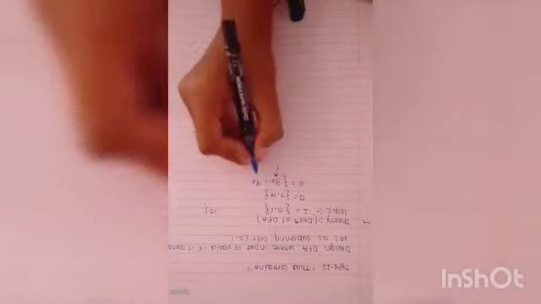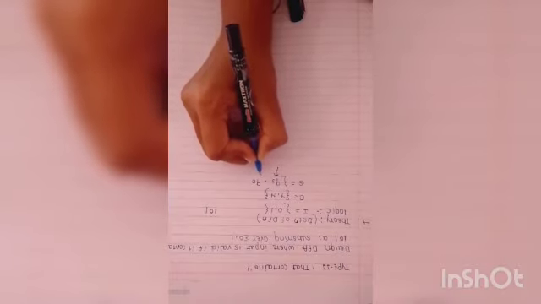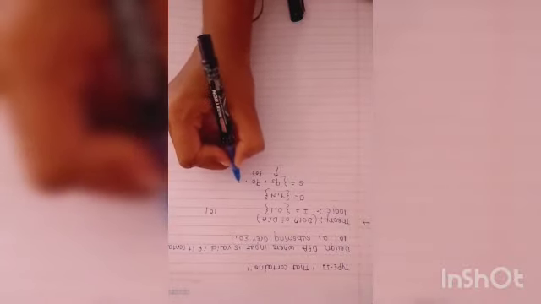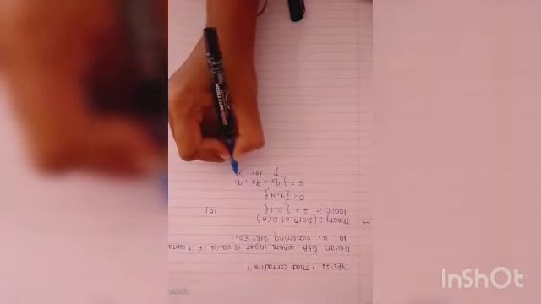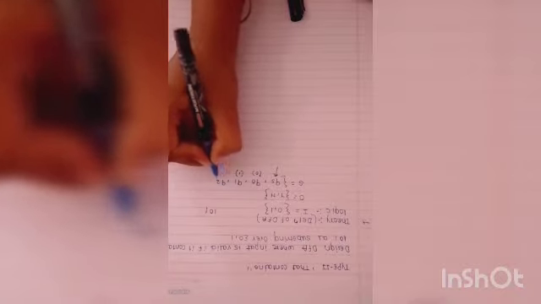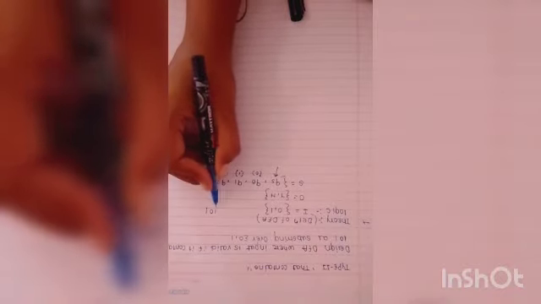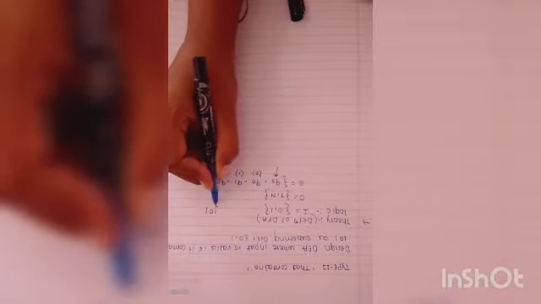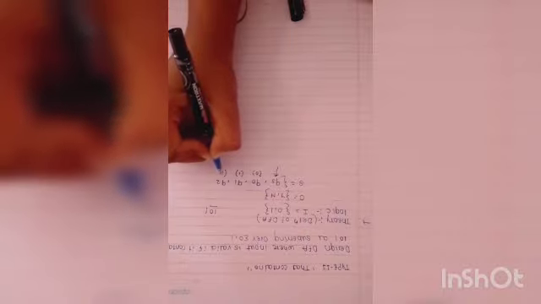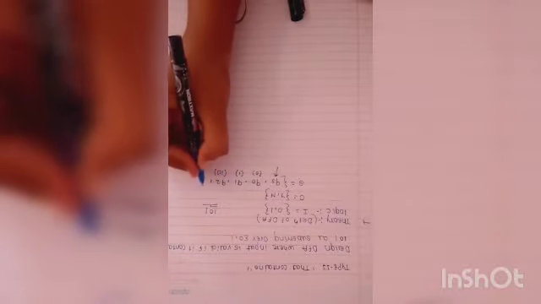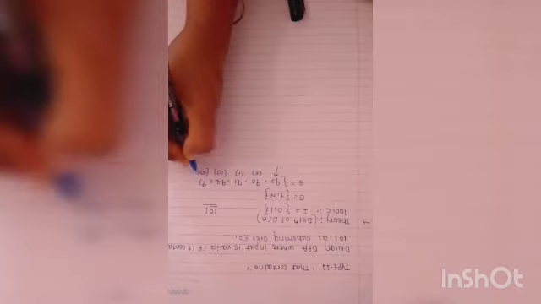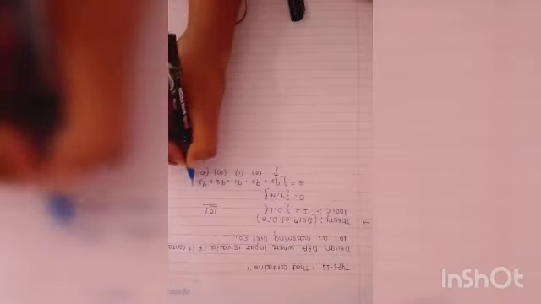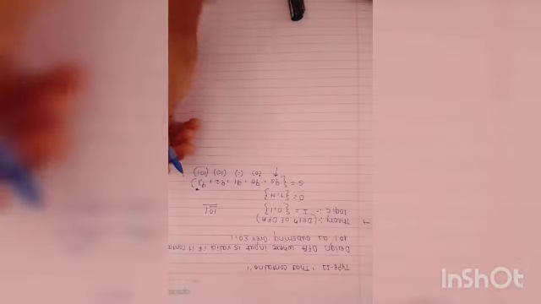For 0 we write Q0, for 1 Q1, for 10 Q2, then for 101 Q3. We have to find the state which contains the substring 101, so here is our final state.